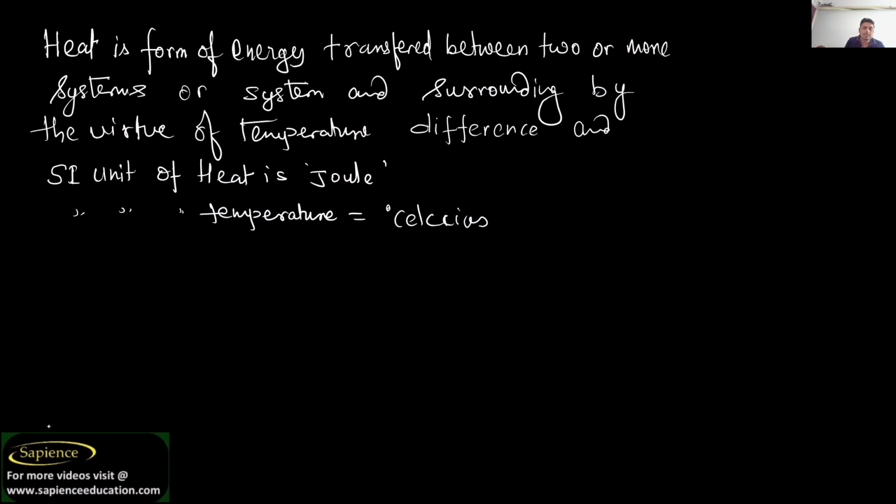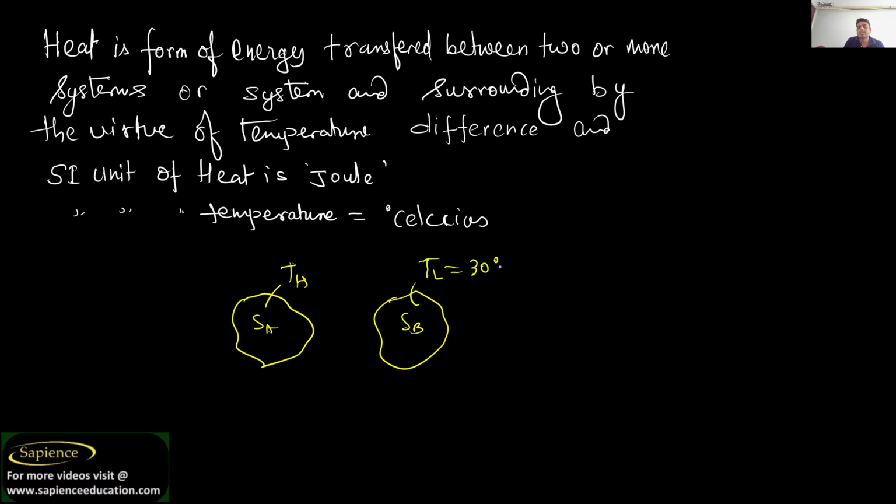Let us consider there is one system called system A, and there is another system known as system B. System A has a high temperature, say 100 degrees Celsius, and system B has a low temperature, say 30 degrees Celsius.